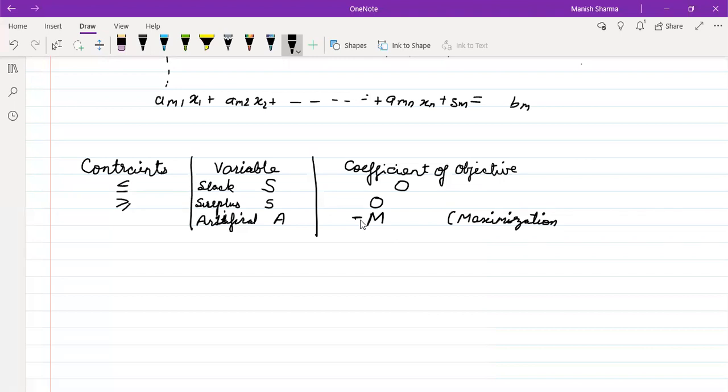Why are we adding this? Because if an artificial variable is in the objective function, it will have a negative impact on it, whereas a surplus or slack variable will not have an effect. To make an effect of an artificial variable, we add minus M for maximization and plus M for minimization. How to remember which is to be added, I'll tell you later.